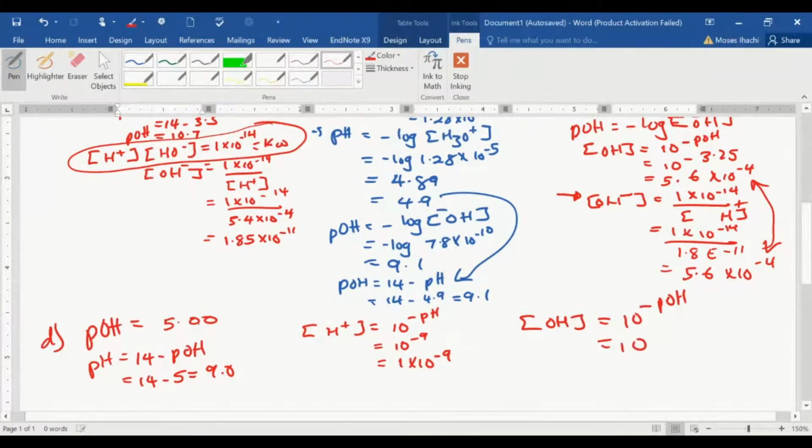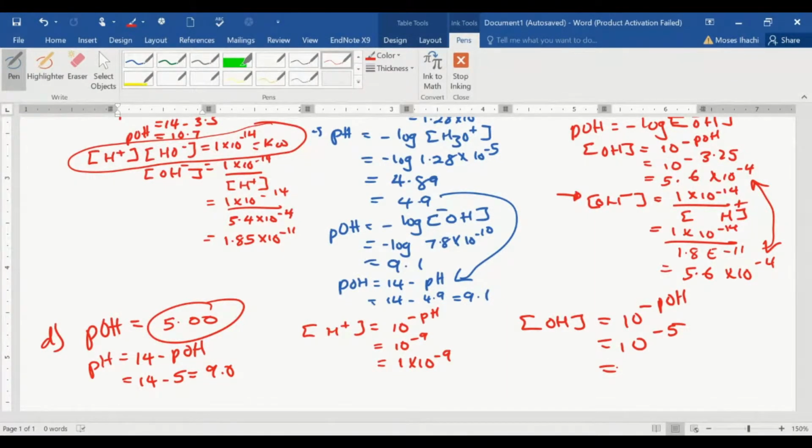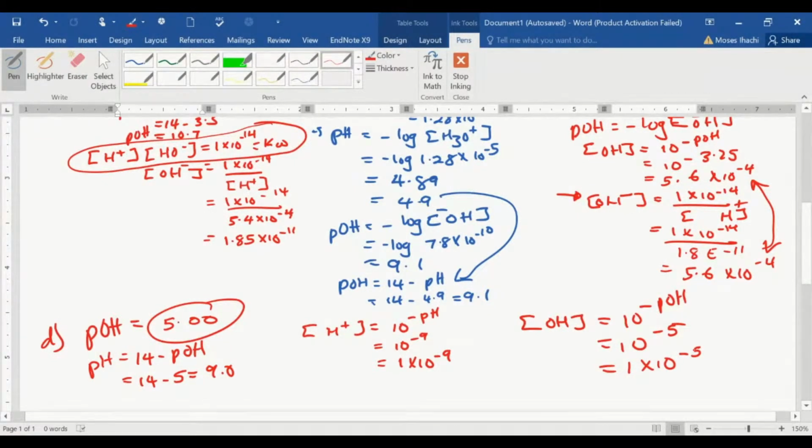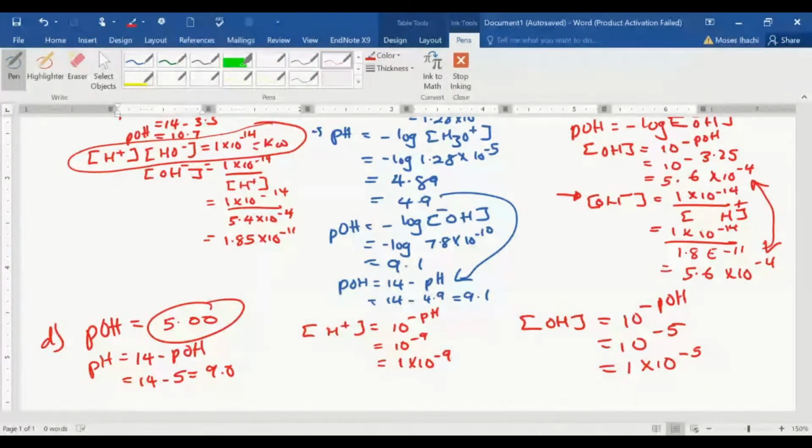Of course, pOH is 5, so the antilog of negative 5. The answer is 1 times 10 to the power negative 5.